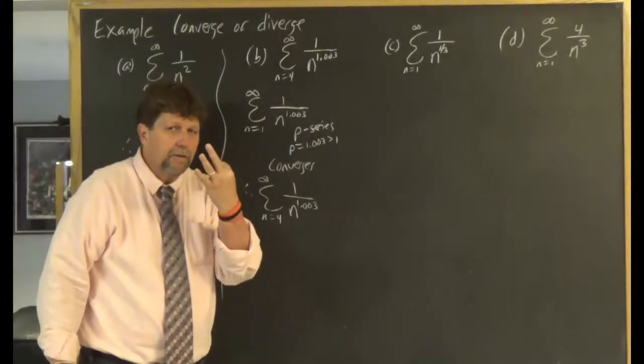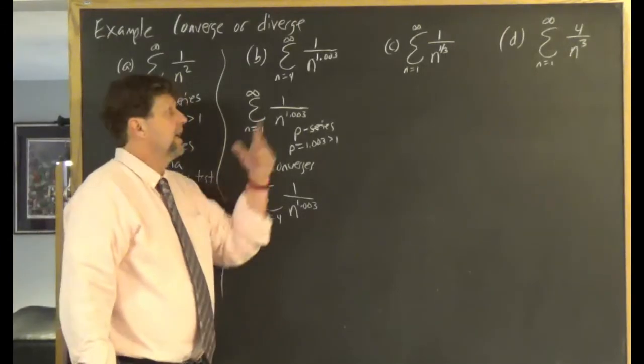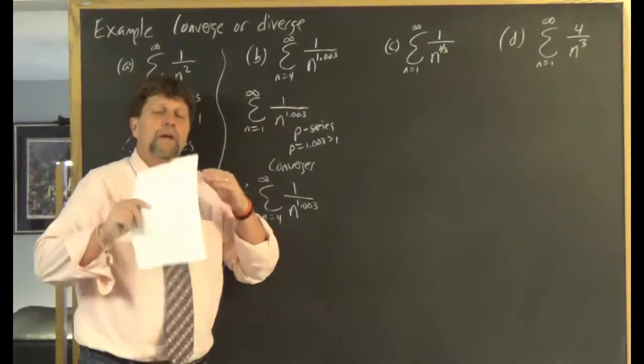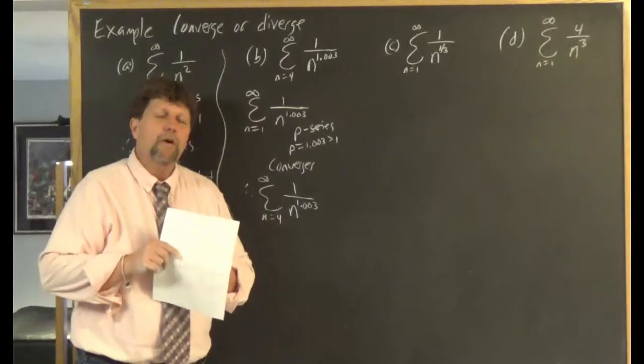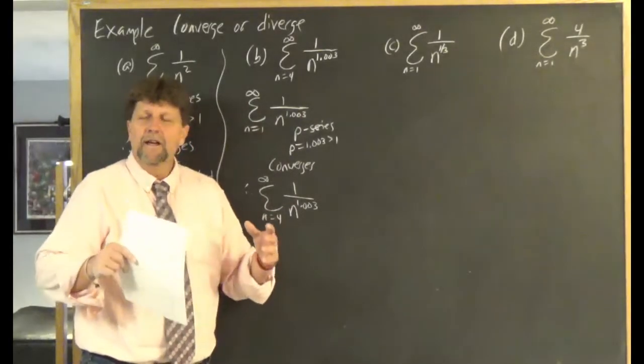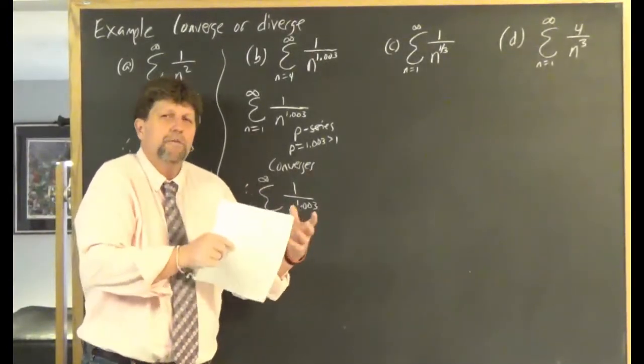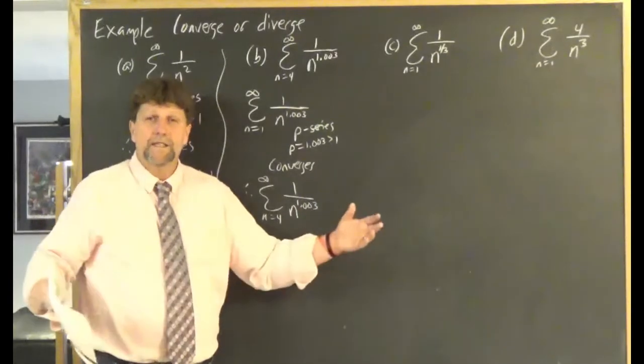It's just 3 terms. This series has 3 more terms at the beginning than this series. Please remember, the overall convergence or divergence of a series is not dependent on the first few terms. The first few terms mean nothing in the grand scheme of things.